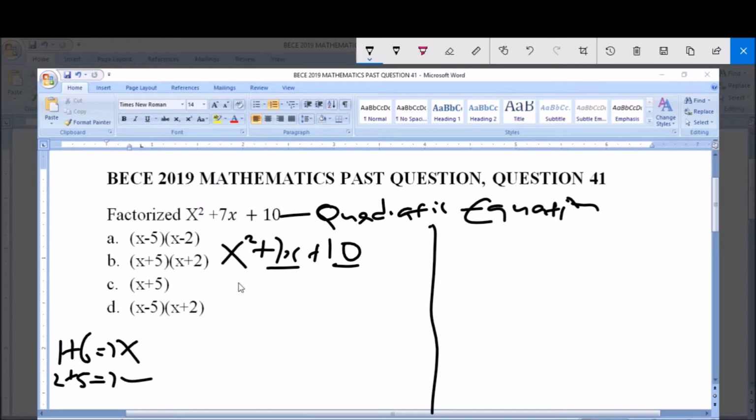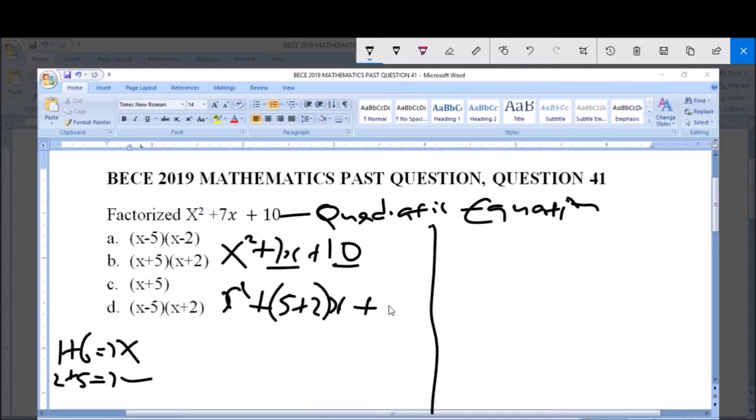Okay, so therefore we have x squared plus open brackets, now we pick 2 and 5, that is 5 plus 2, close brackets, x. Remember, when we add the numbers together we get 7. So 5 plus 2 will give us 7, and when we multiply these numbers together it also gives us 10.